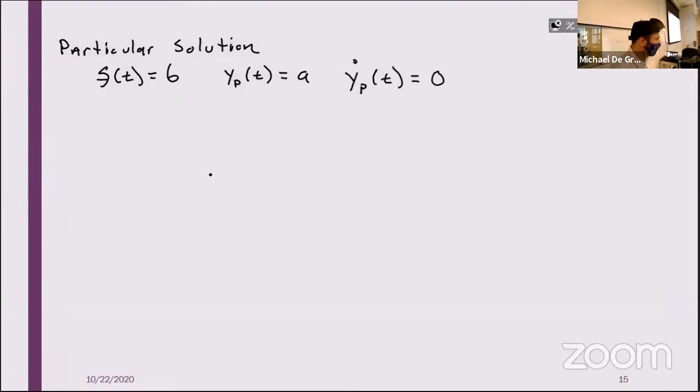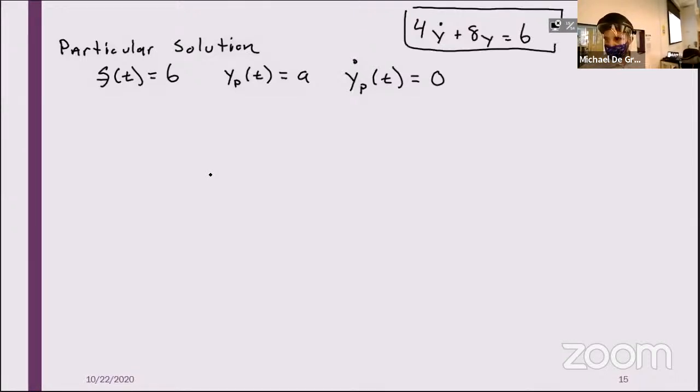And the derivative of a constant with respect to time is 0. Remember, my original equation is this, right? Let's leave this up here so that we can see it.